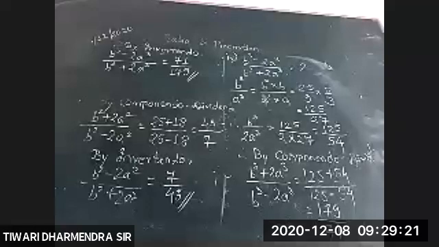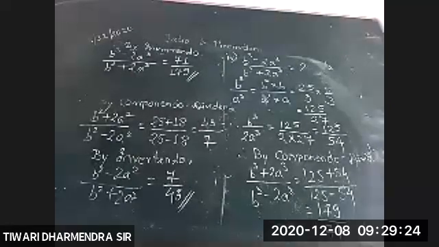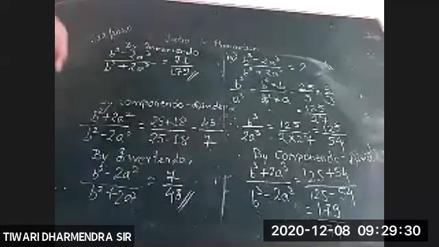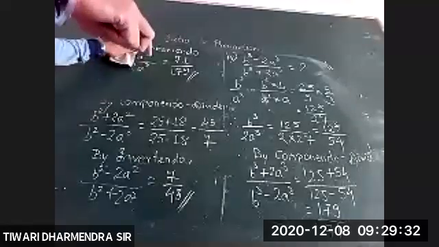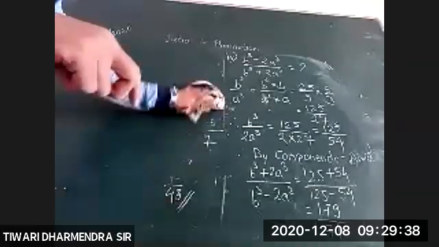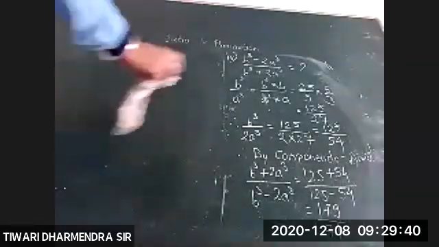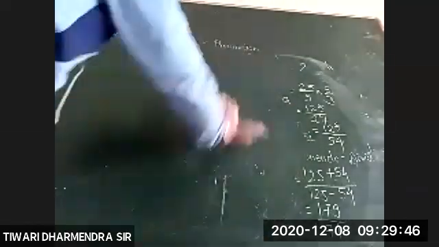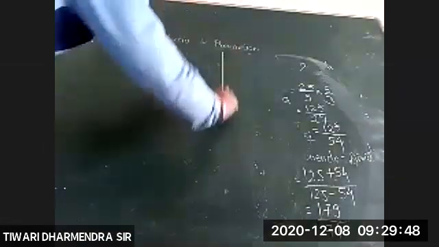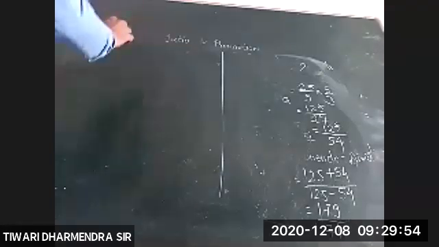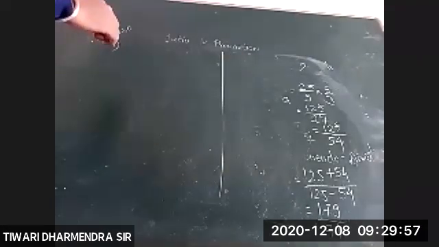So let's proceed to problem number 4. Question number 4, first part. Solve the following equations. Now, what is given? They have given us two ratios and they are equal.